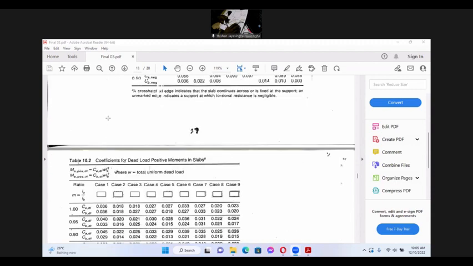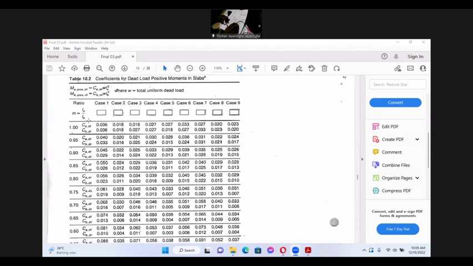So we have some dead loads, and here the LA over LB ratio. Sorry, LA is the shortest side. LB is the longest side. So the LA over LB ratio is 7 divided by 9, that is 0.77.